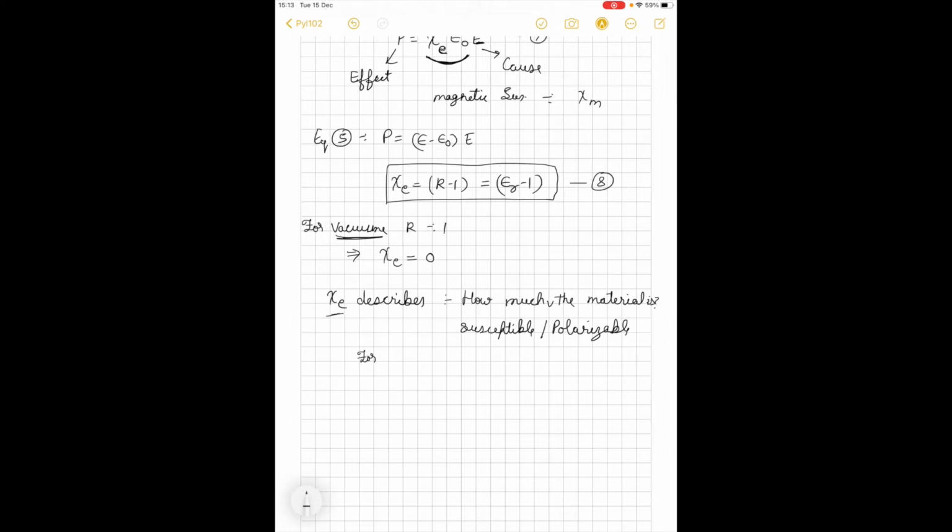So for more polarizable atoms, chi E would be higher compared to the vacuum case, of course, where it's 0.